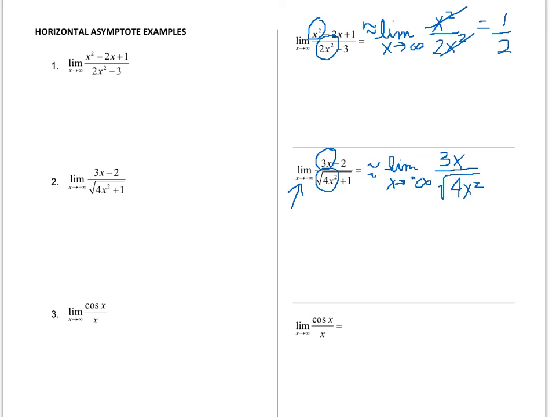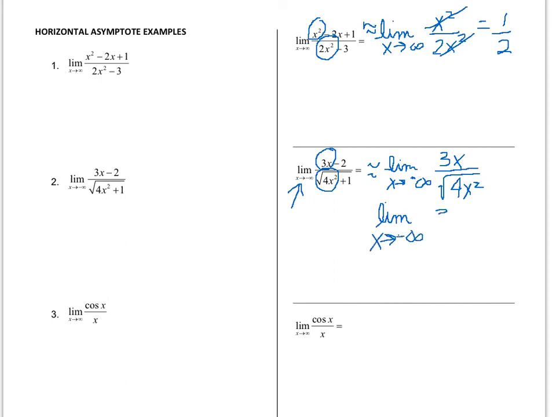Now, when you take the square root of an x squared, back in algebra, we learned that the x squared would always be positive, and therefore, if you take the square root, that would always be positive. So in order to take the square root of a variable that's being squared and simplify it, you're just going to put absolute value markings around it.